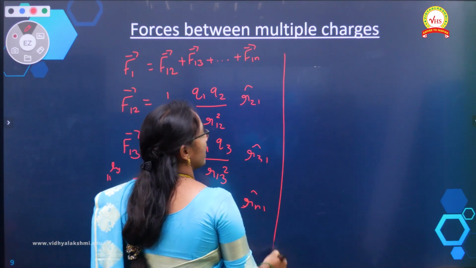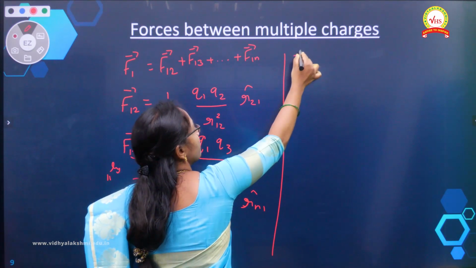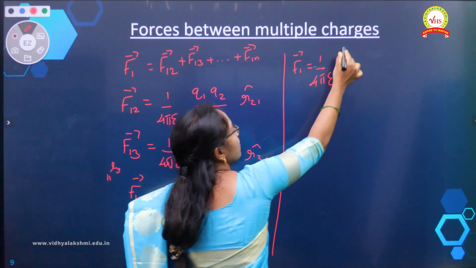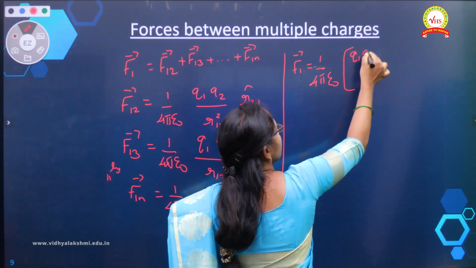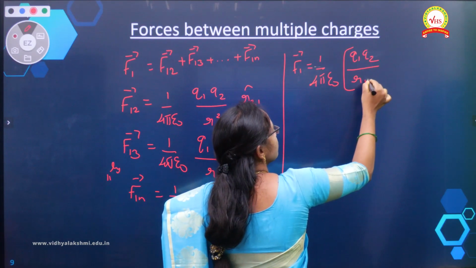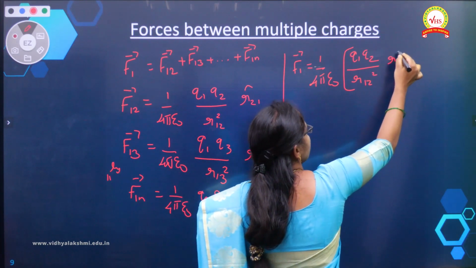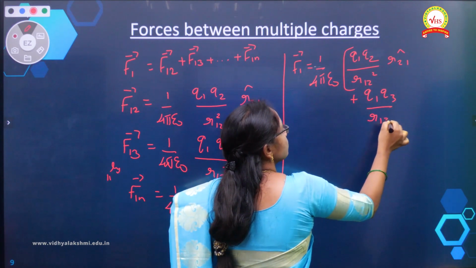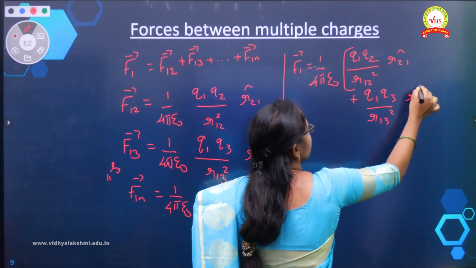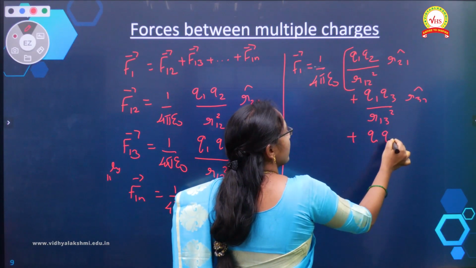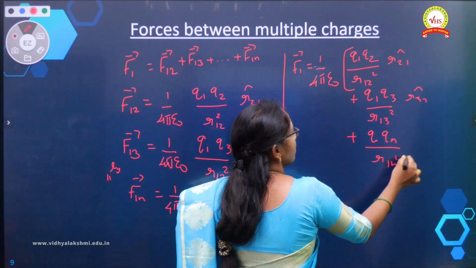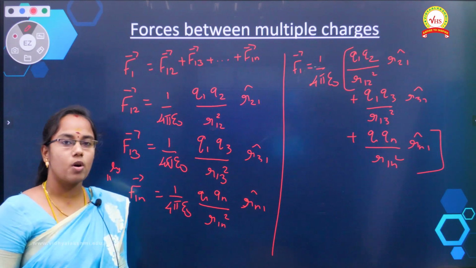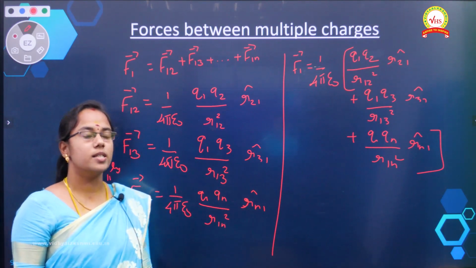So we get F1 equal to 1 by 4 pi epsilon naught, Q1 Q2 by R12 square R21 unit cap plus Q1 Q3 by R13 square R31 unit cap plus Q1 Qn by R1n square Rn1 unit cap. So this represents the force on charge Q1 due to all other charges.